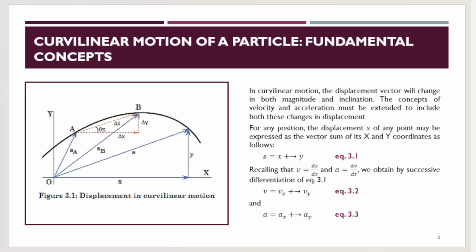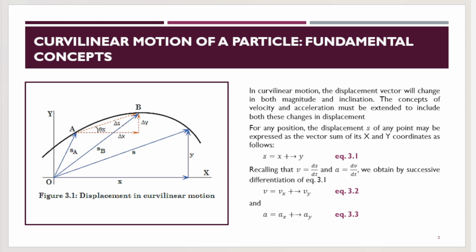So this is the fundamental concept. In curvilinear motion, the displacement vector will change in both magnitude and inclination. Now, the concepts of velocity and acceleration must be extended to include both these changes in displacement. As you could see here in figure 3.1, we could actually have the equations.